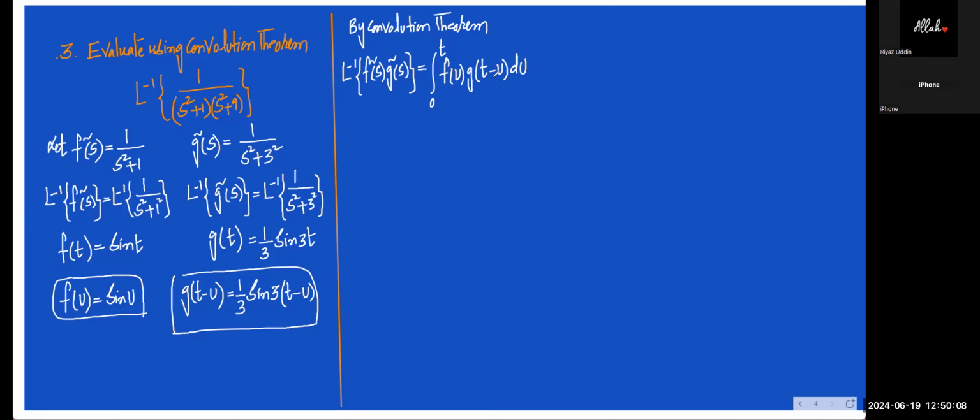Now replacing those values, f of u is what?